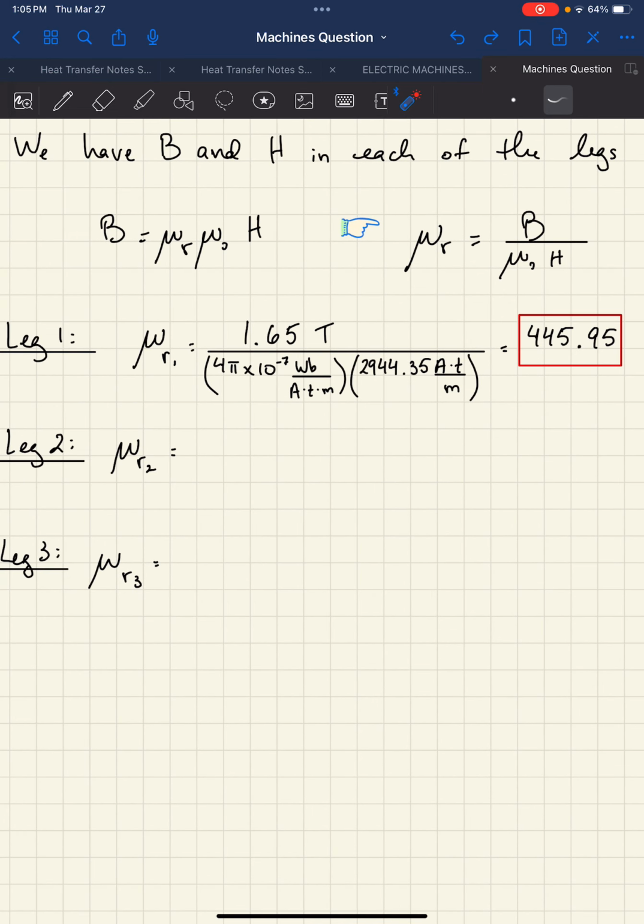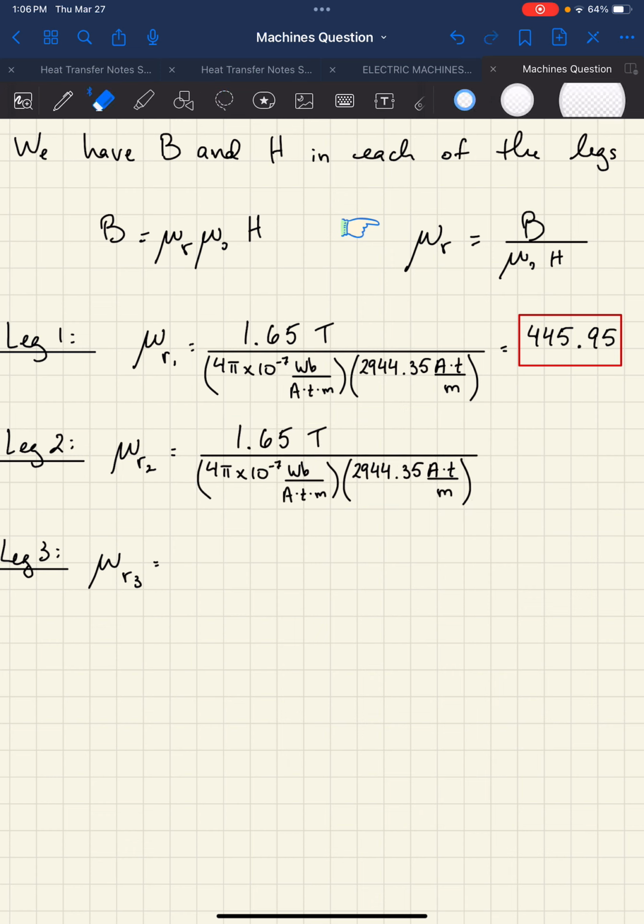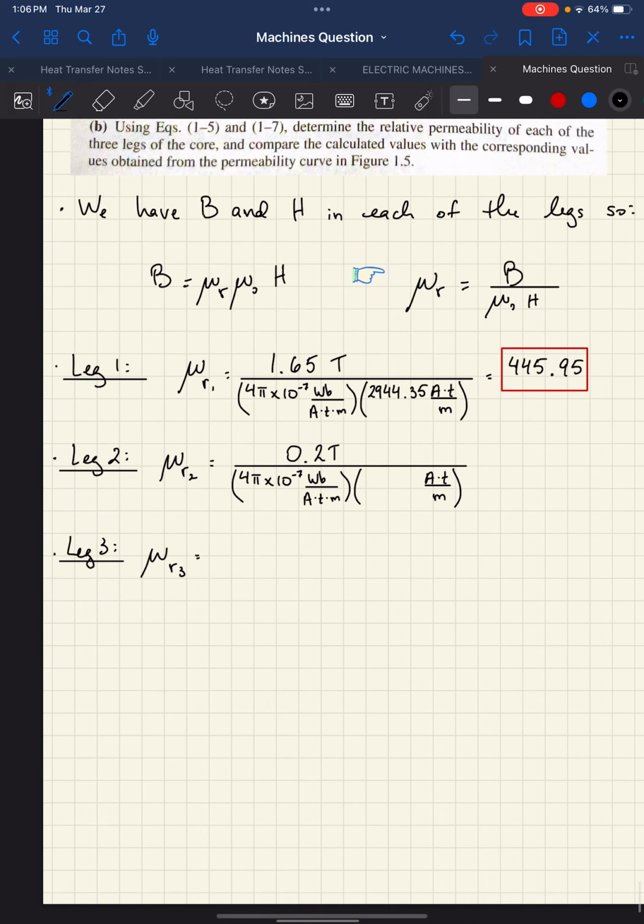For leg 2, it's the same thing, but just the numbers are going to be different. So I will use the beauty of copy and paste here. In leg 2, B was not 1.65. This is the one they gave us, the 0.2 Tesla. The mu naught is still the same. H is different. Now, be careful, because in leg 2 they want us to find the relative permeability of the core, not of the gap.